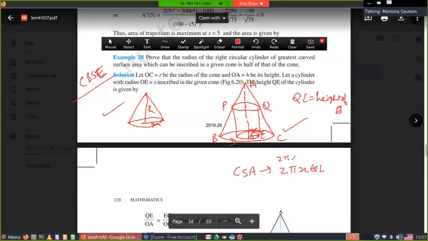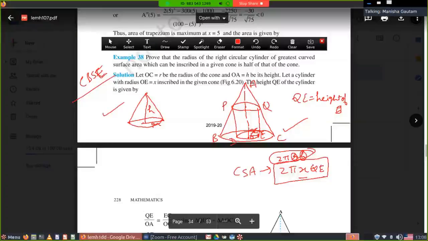Here R is X and H is QE, so it is 2 pi into X into QE. Now X and QE are two variables. We have to convert this into a single variable. For this we have to use the similarity of triangles, which we have studied in class 10th.